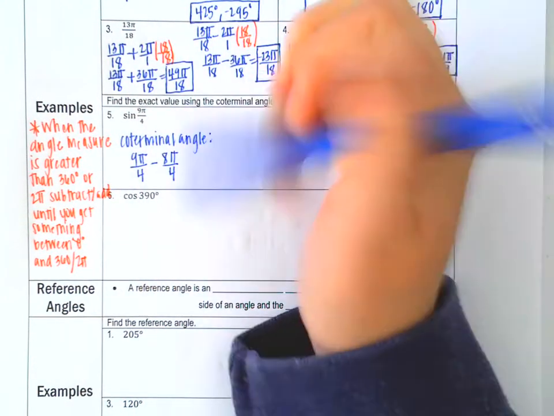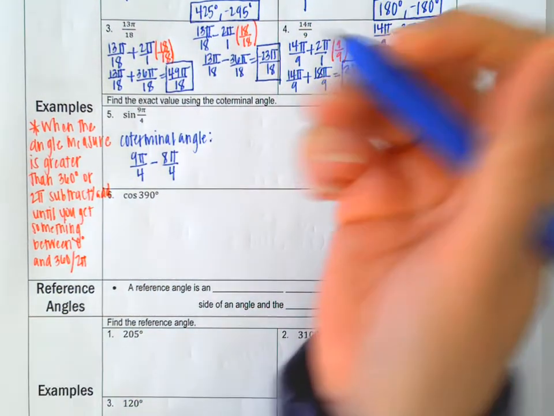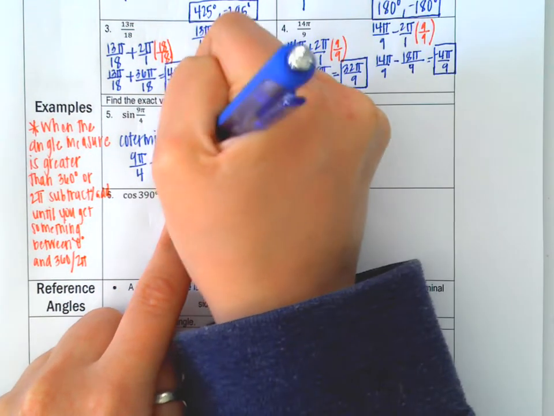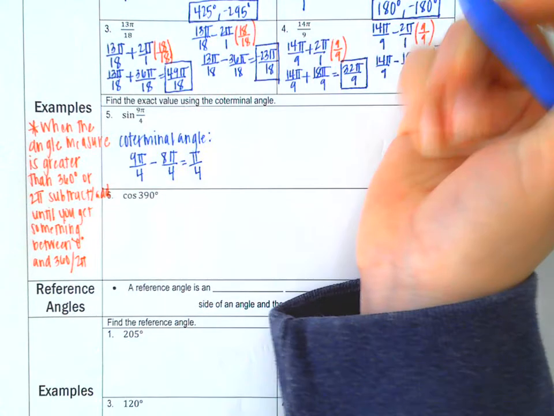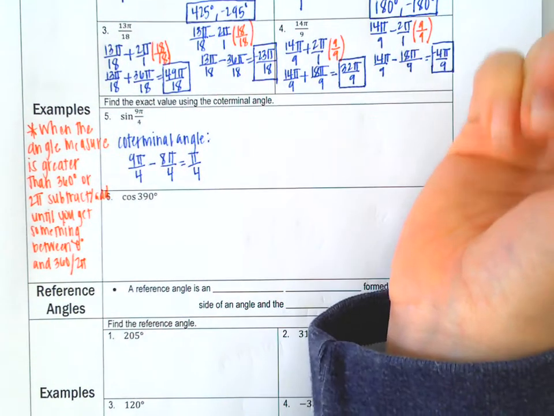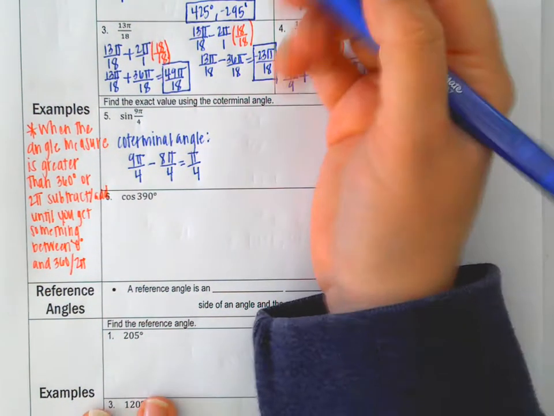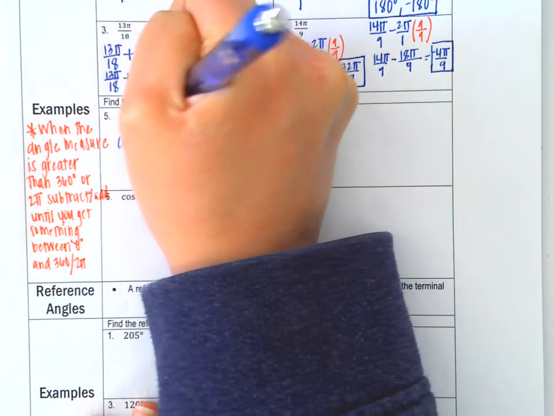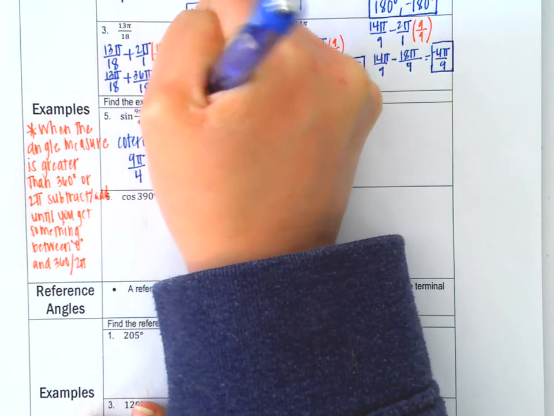If you need to write that out, totally fine. Do what you need to do. So 9 pi minus 8 pi is 1 pi. We don't have to write that. So pi over 4. So sine of 9 pi over 4 gets me the exact same answer as sine of pi over 4.